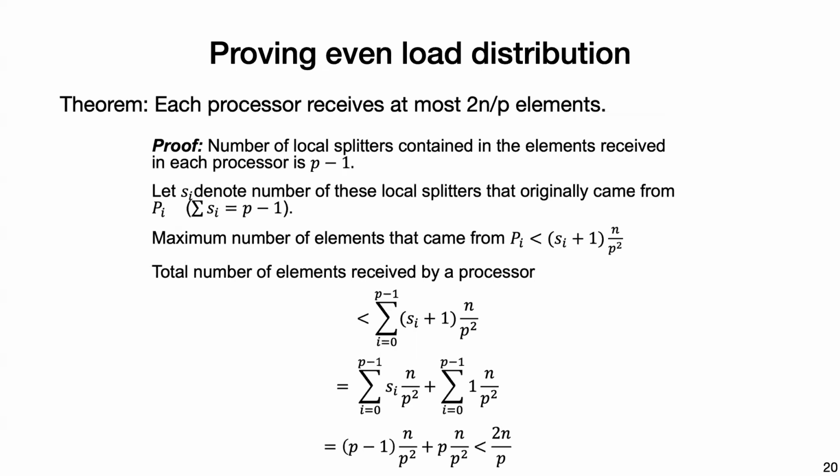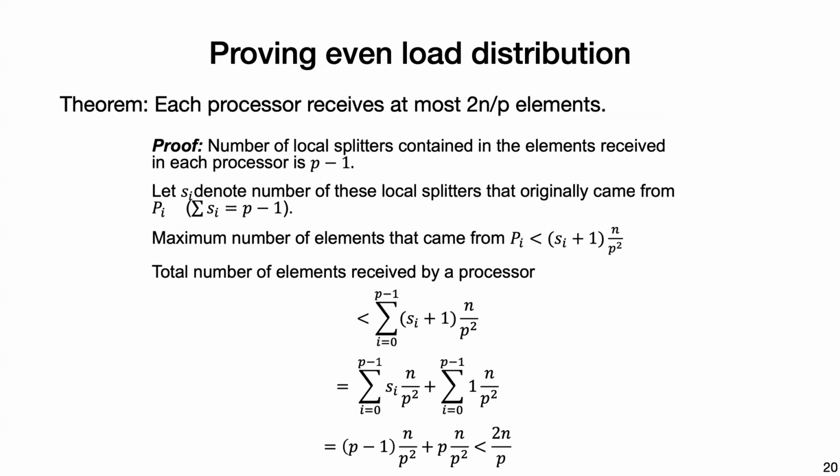They may come from any process, but that is how many there are. And so for this notation, if S sub I is the number of local splitters that came from some processor P sub I, and if you sum up over all of I for S sub I, then you get p-1, because each processor contributed p-1 splitters.